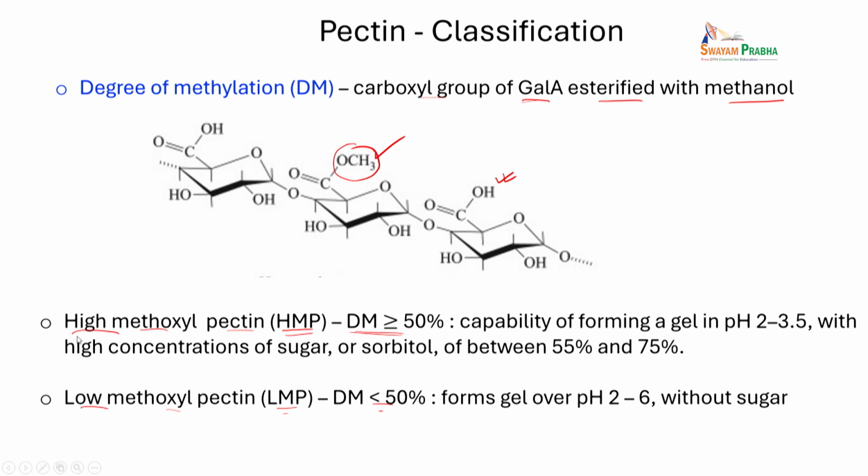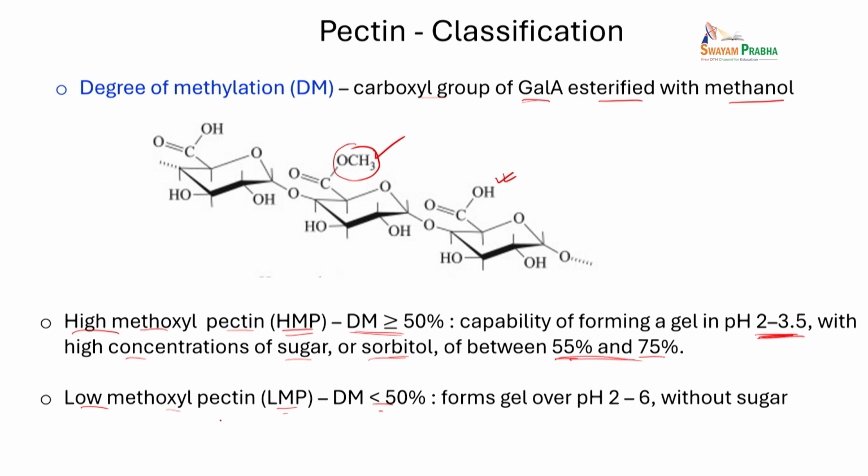For example, high methoxyl pectin is capable of forming gels in the pH range 2 to 3.5 with a high concentration of additional sugars or plasticizers like sorbitol, between 55 to 70%. So that means you can make a gel with high methoxyl pectin in the acidic pH range, with the addition of some additional sugar molecules at a very high percentage.